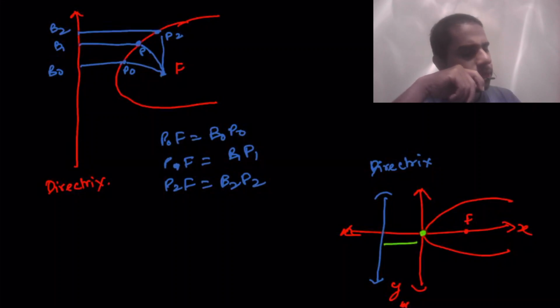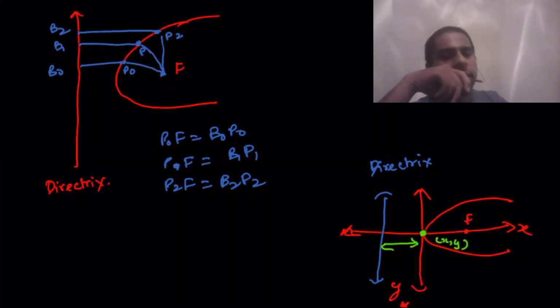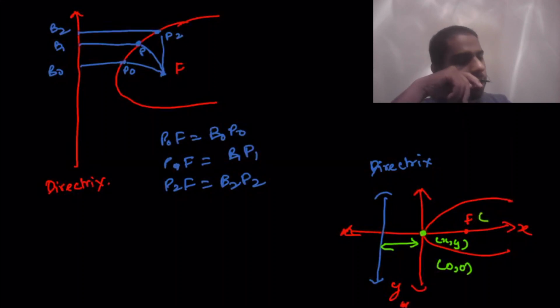If you take this point on the parabola, the vertex, as some x comma y, since it lies on the x-axis and y-axis, it can be 0 comma 0. We can take it as the origin, and let this F be at some distance a comma 0.